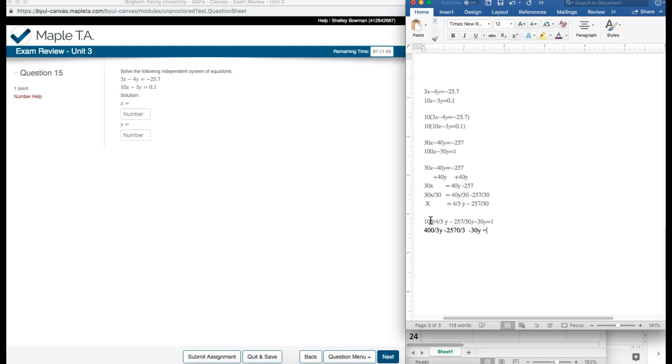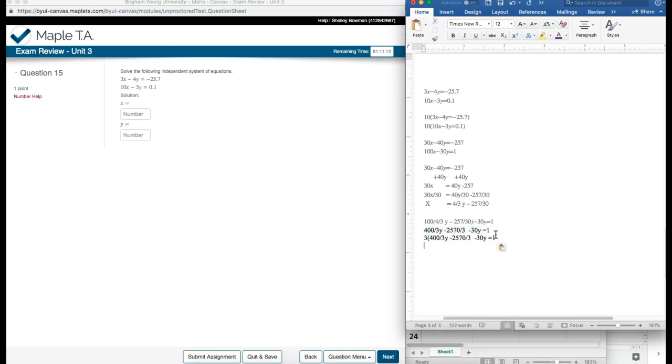And then I still have this minus 30y equals 1. Now I'm going to combine my fractions here, or the y's. In fact, again, I have a bunch of fractions. If I want to, like the previous example, get rid of those by multiplying everything by 3, I could do that. So let's make it a little easier by multiplying everything by 3, just because we can, and maybe that will help eliminate some of the complication.